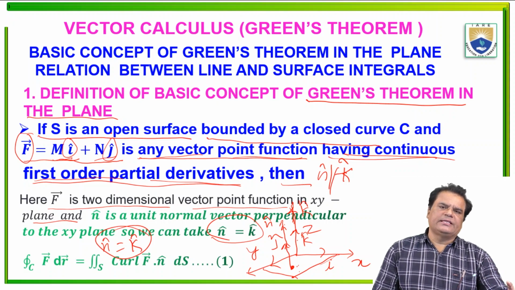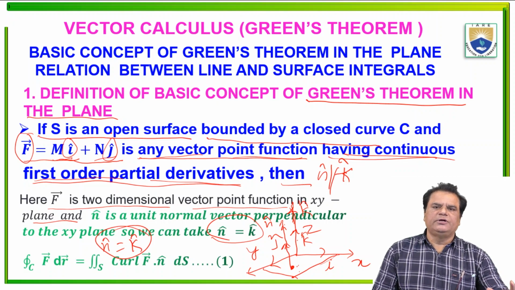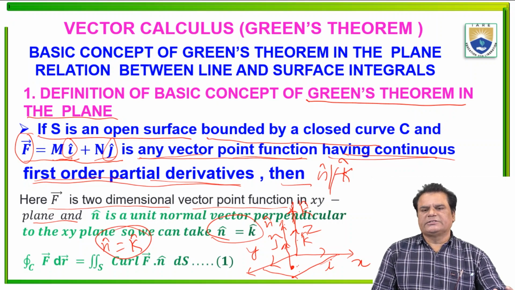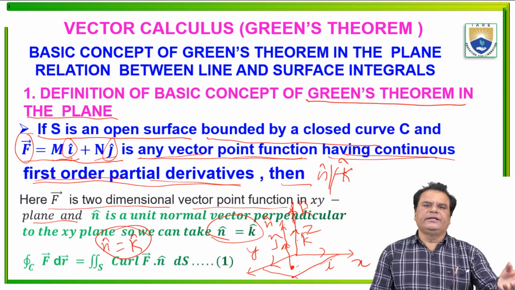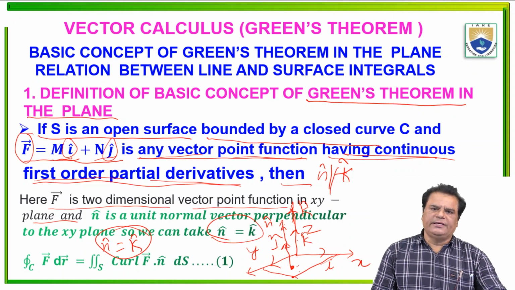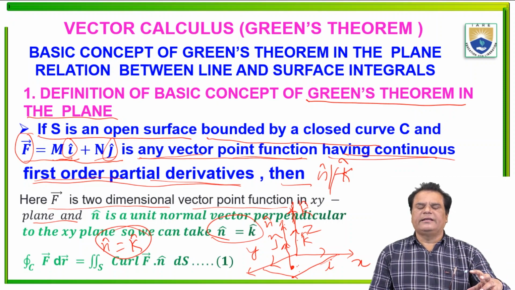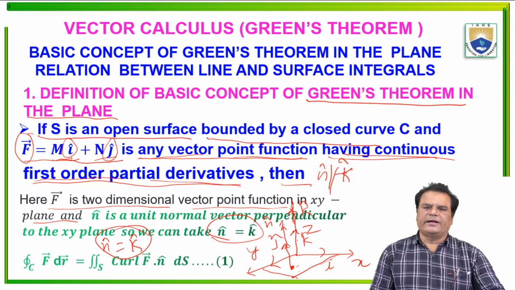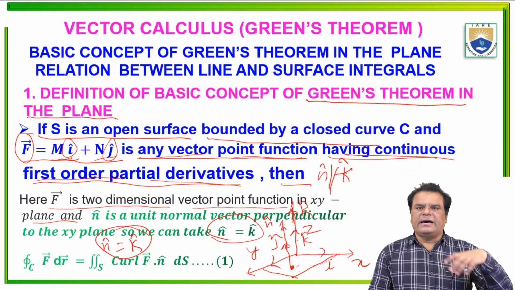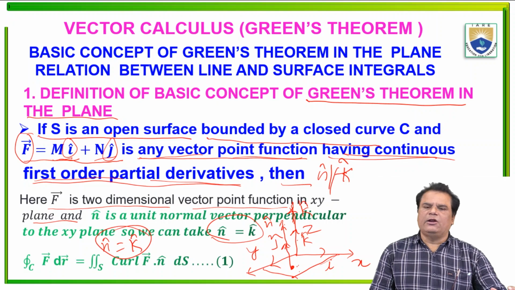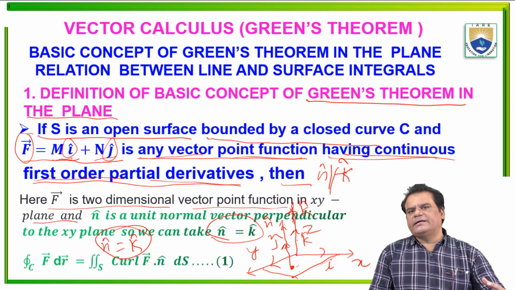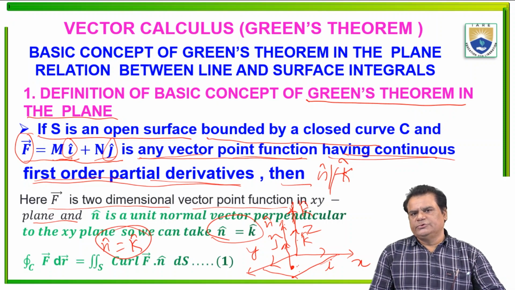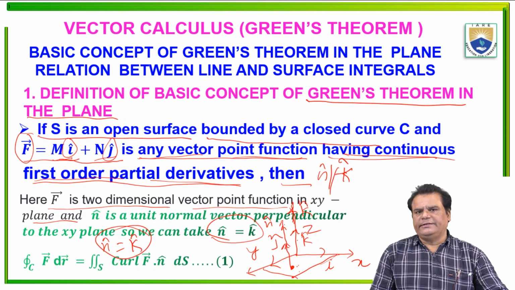But in Green's theorem, the main concept is that the n unit normal vector is parallel to the k vector, meaning the direction of the unit normal vector is along the z-axis. So we can say that n unit vector is equal to k vector. So n equal to k, we can write.